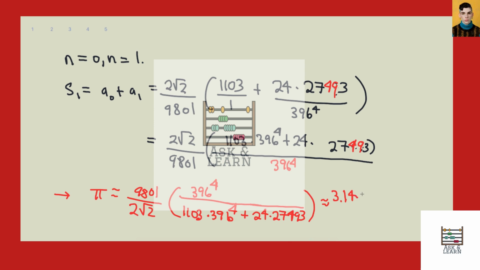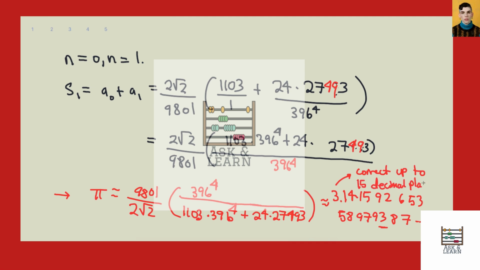So 1, 4, 1, 5, 9, 2, 6, 5, 3, and then we have 5, 8, 9, and then 7, 9, 3. And then after that, it breaks off. So this is correct to 15 places. And that resolves part B.